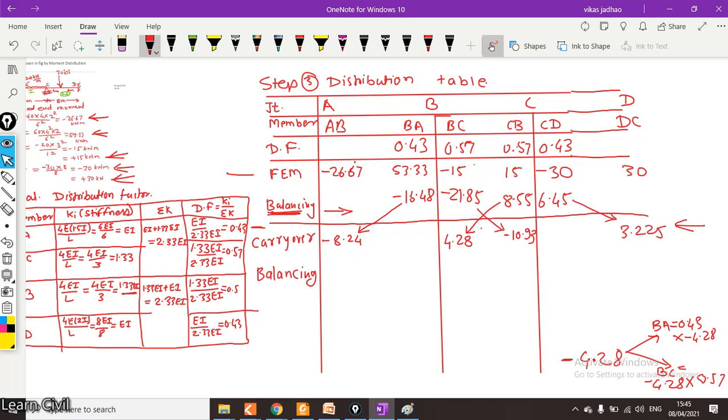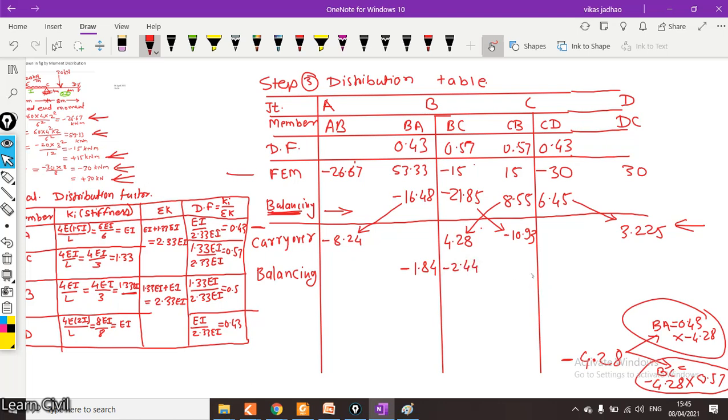Okay, so minus 4.28 into 0.43 will be equal to, just a minute, minus 1.84, and minus 4.28 multiplied by the distribution factor 0.57 will be minus 2.44 kilonewton meter.